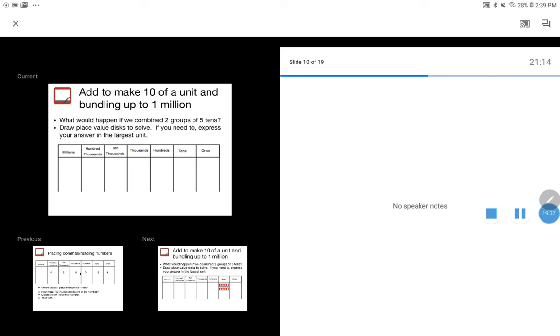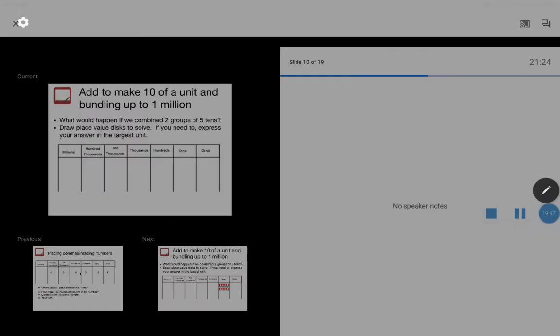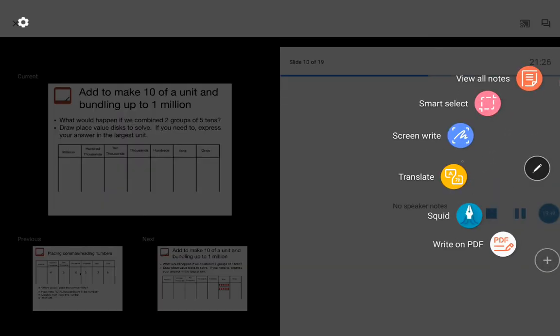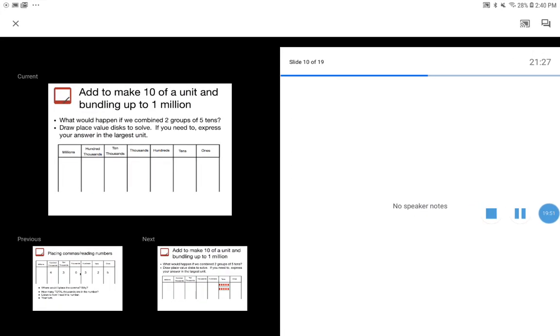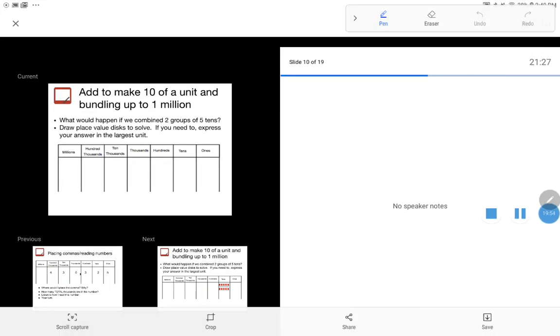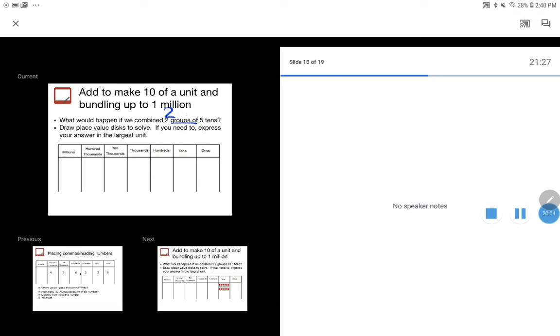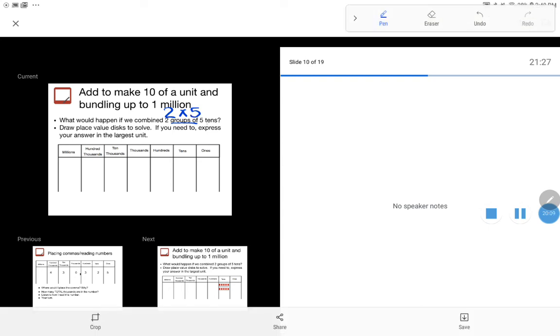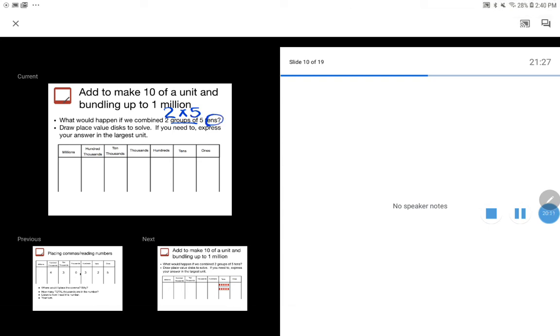And so, just think about what would happen if we combine two groups of 5 tens. So remember, when I'm thinking two groups of 5 tens, what do groups tell me that I'm doing? What property of math? Times. Yeah. So 2 groups of 5 tells me I'm multiplying, and the place value is going to be the tens.